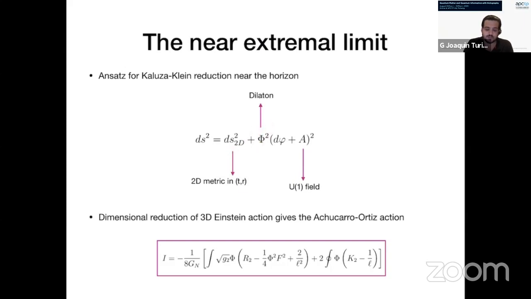We have the dilaton, which is the size of the transverse circle. Phi is the coordinate in the circle. And this is the U(1) gauge field, which is independent of phi and has only t and r components. When you plug this ansatz in the Einstein action in 3D, you get this action, which is of the form of dilaton gravity coupled to a U(1) gauge field.